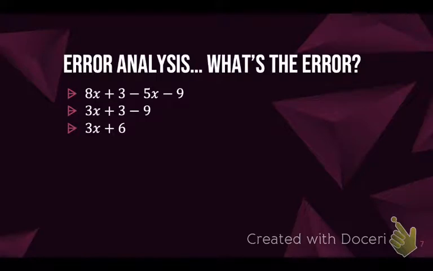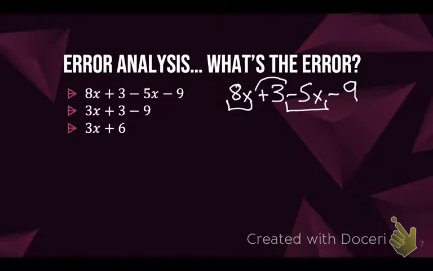Okay, now here's a little bit more steps. All right, so again, I would write this down: 8x plus 3 minus 5x minus 9. My like terms are 8x and minus 5x, and then 3 and minus 9.